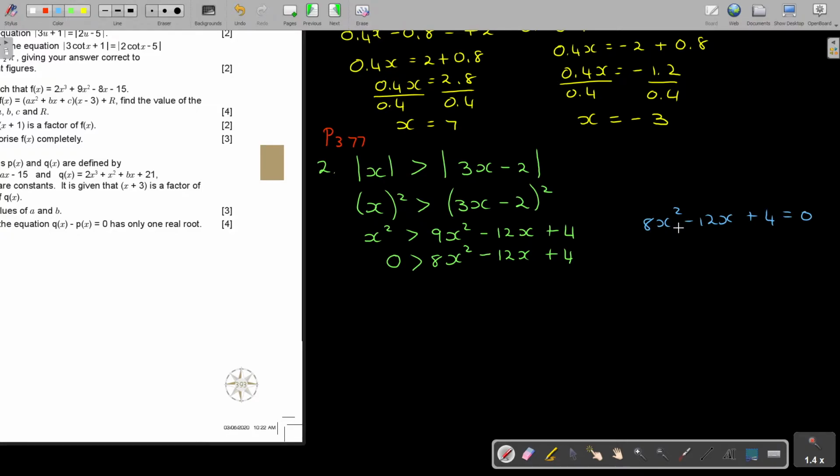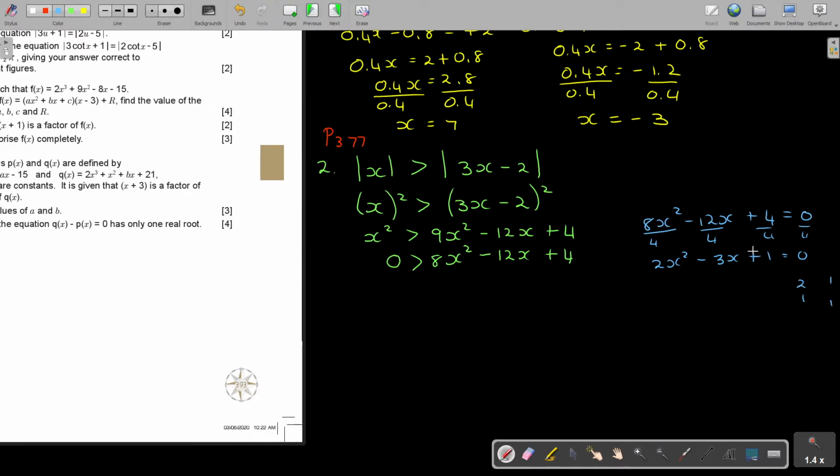Okay, so now in this case, if we're going to factorize this, we can basically just divide it by 4, divide by 4, divide by 4, divide by 4. So it's 2x squared minus 3x plus 1. And then it's going to be 2 and 1, and it's going to be 1 and 1.